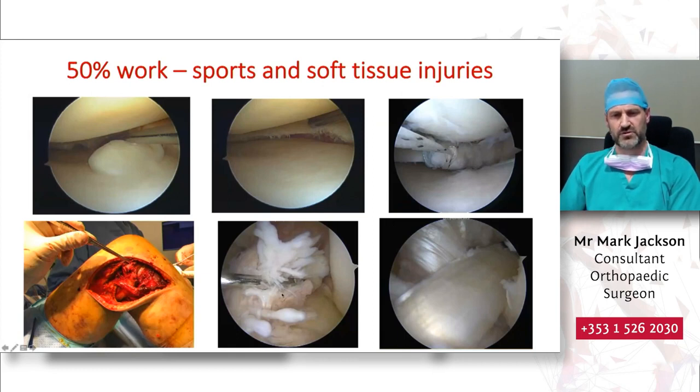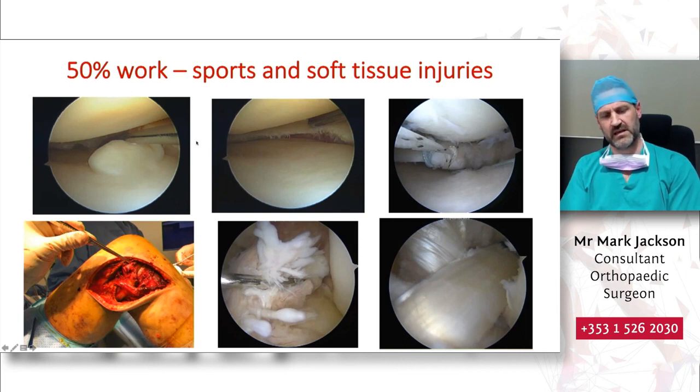So this is a torn cruciate ligament with my probe on it. And this is after we've cleaned it out and put a new cruciate ligament in place. And the bottom left picture is a more complicated reconstruction of many ligaments in the knee, such as we rarely, unfortunately, sometimes see with knee dislocations.